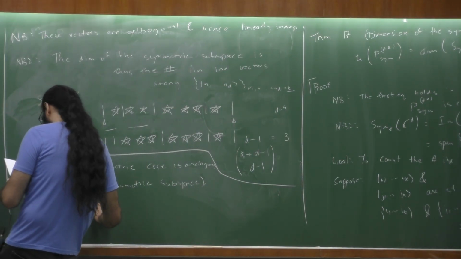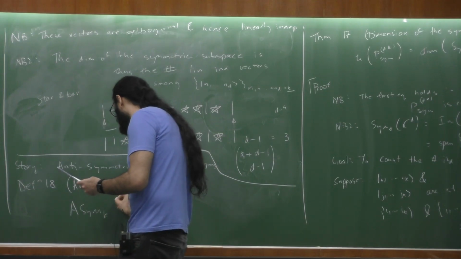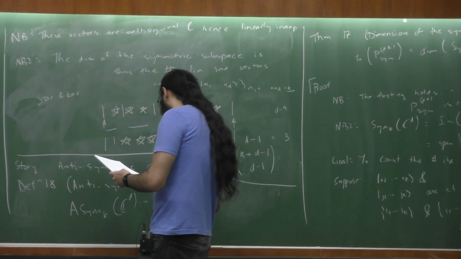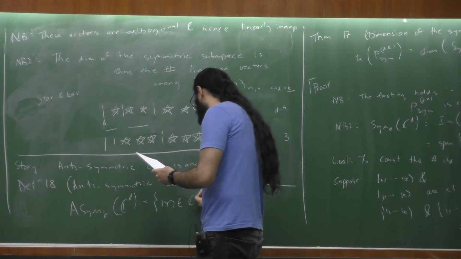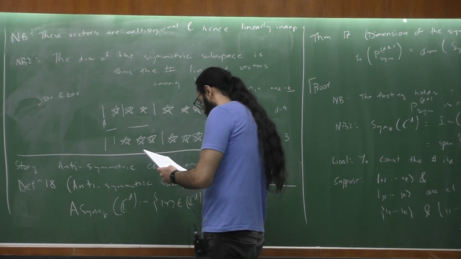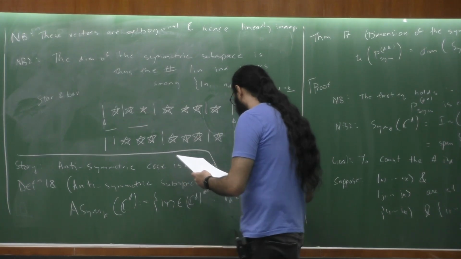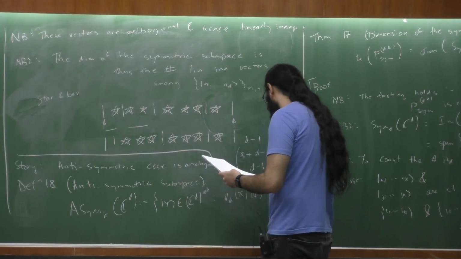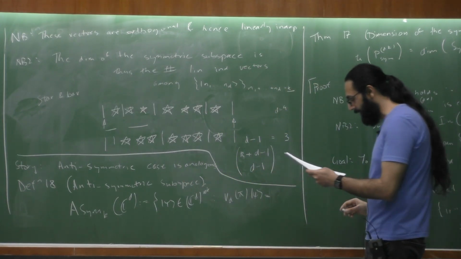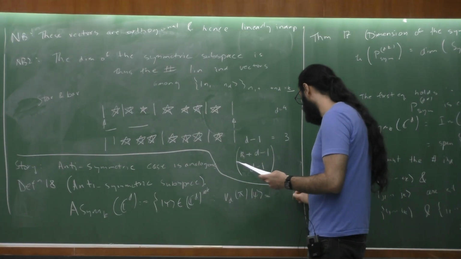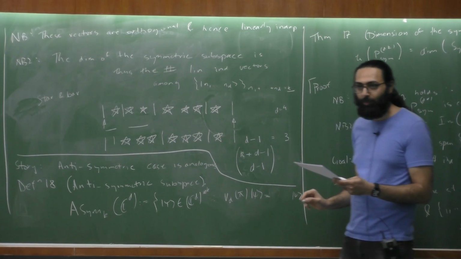A sim sub K of C^D is defined to be the set of psi in (C^D) tensor K such that V_D(pi) acting on psi equals something. For the symmetric case, it was just psi, so something has to change here.